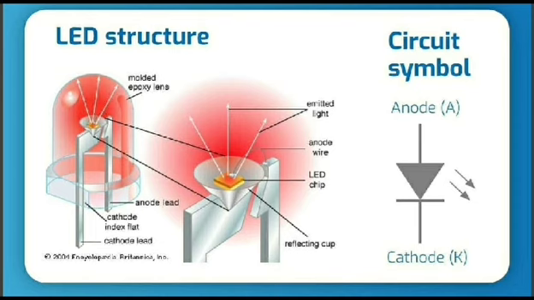That means free electrons will recombine with empty holes. During this recombination, electrons in the conduction band, that is, free electrons, will jump to the hole in the valence band. During this jump of an electron from the conduction band to the valence band, the electron emits energy in the form of a photon.